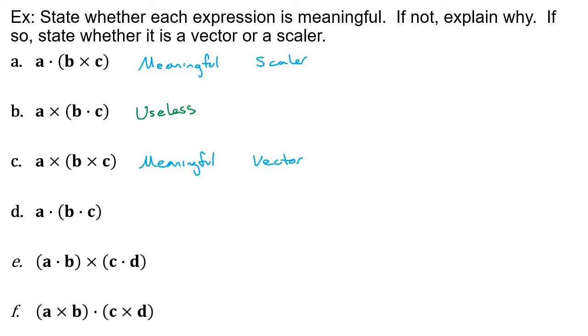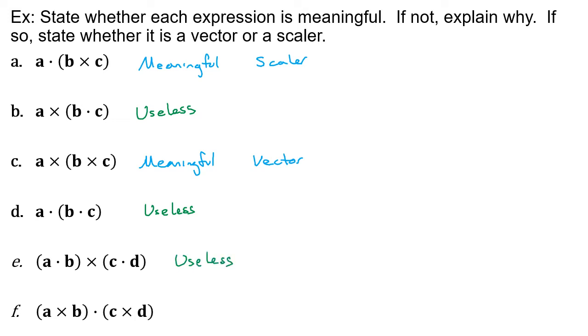So yeah, that's good. D, completely useless. B dot C is a number, and I can't dot a number with a vector, so that won't work. E, A dot B is a number. C dot D is a number. I can't cross two numbers. This one is useless.